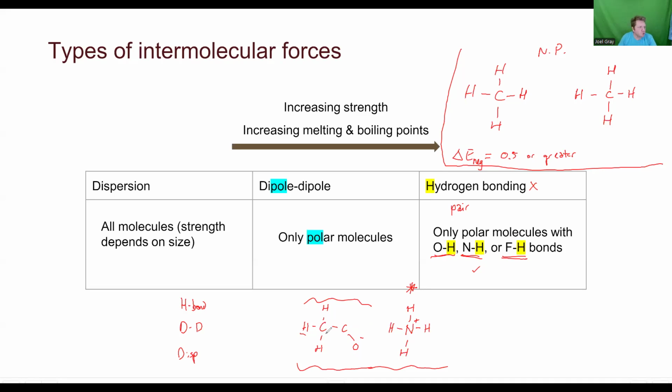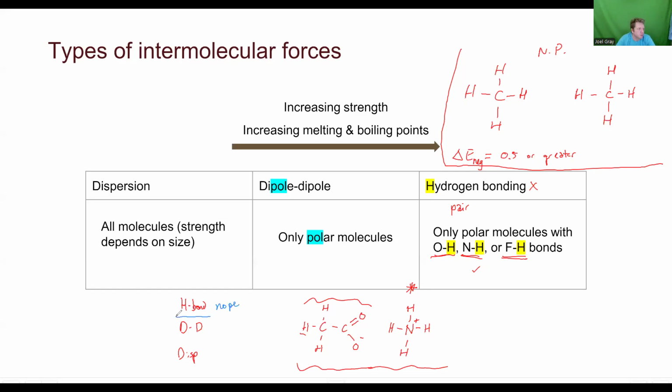Do I have an OH in my molecule on the left-hand side? I don't. So since I don't have an OH there, do I have hydrogen bonding between these two things? Do they both have the minimum tools that they need? They don't. So for this, I'm going to say hydrogen bonding: nope.